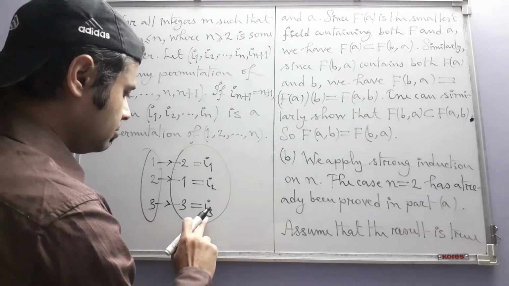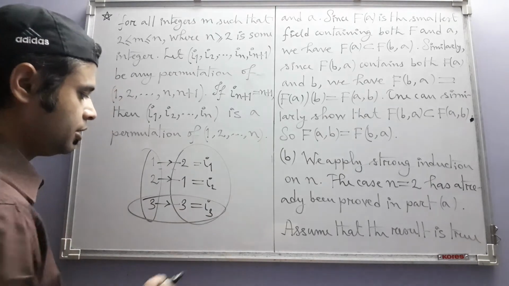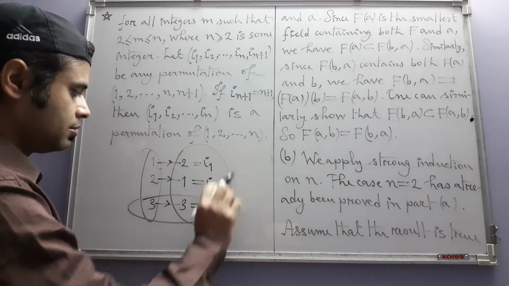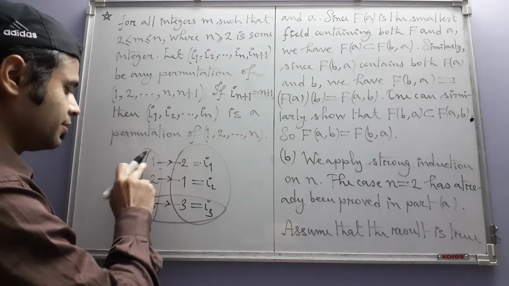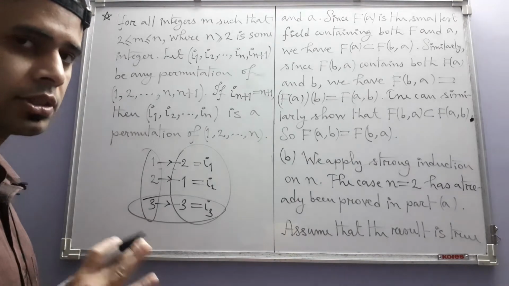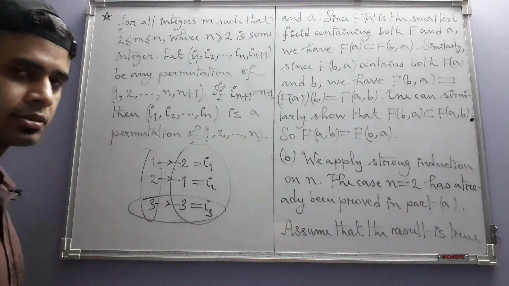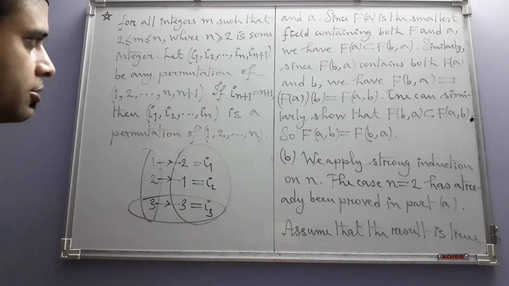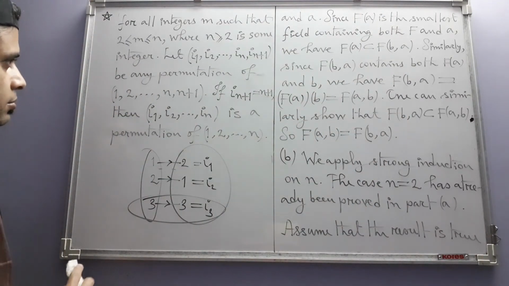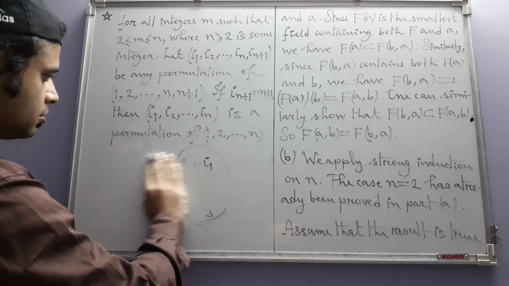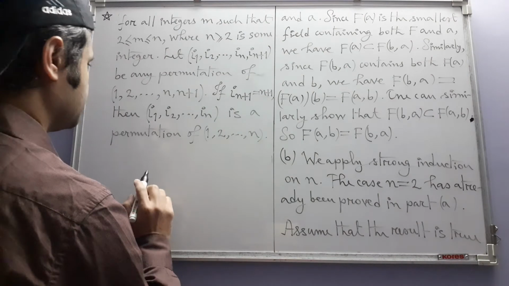So I(n+1) is n plus 1. Now if you remove these two things, then whatever we are left with is also a permutation of the subset consisting of 1 and 2. So that's what we are saying in this case, and you can pretty much see it's true in general. Because of this, we can now apply the induction hypothesis.